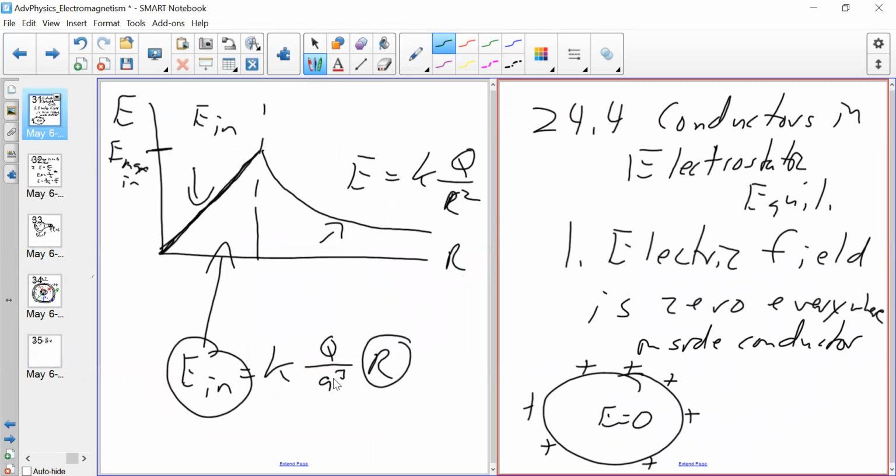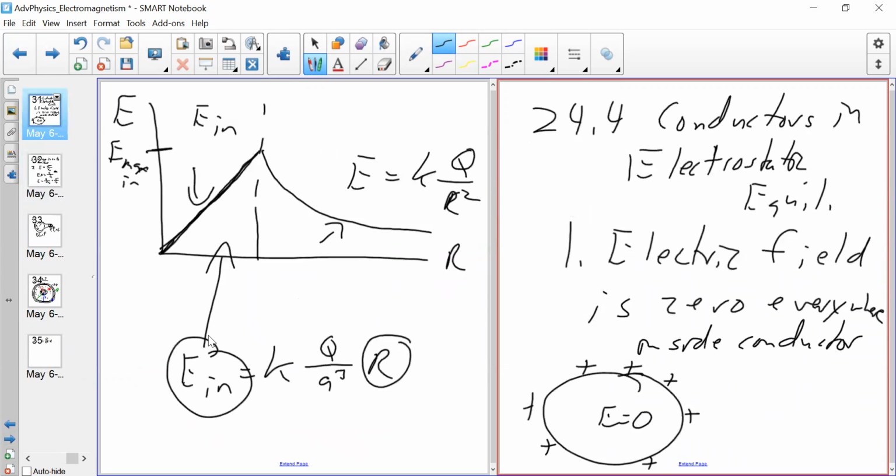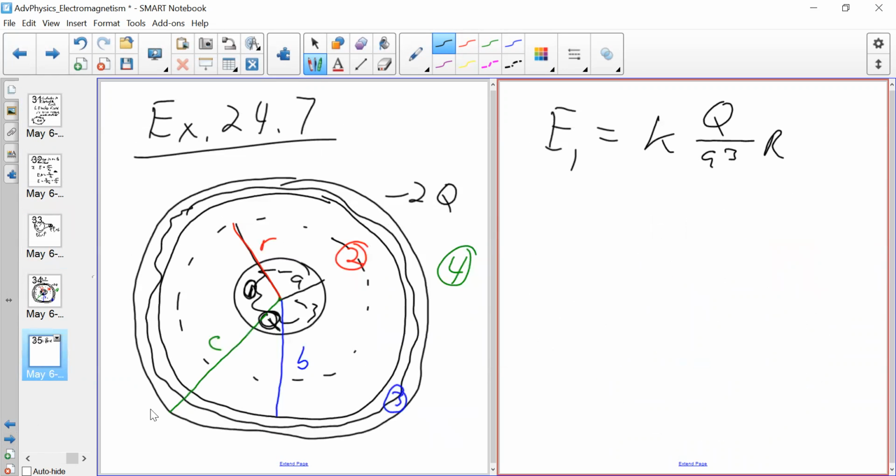This is what we found for the interior, and it's linear with respect to r. So that's on the inside, and for the outside, that's easy. We have this Gaussian surface here, so it's enclosing all of it. So the electric field at that point is your regular old electric field equation, kQ over r squared. Not to confuse, it's little r, same thing.